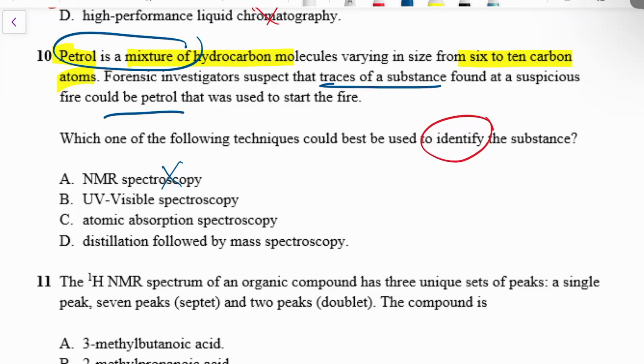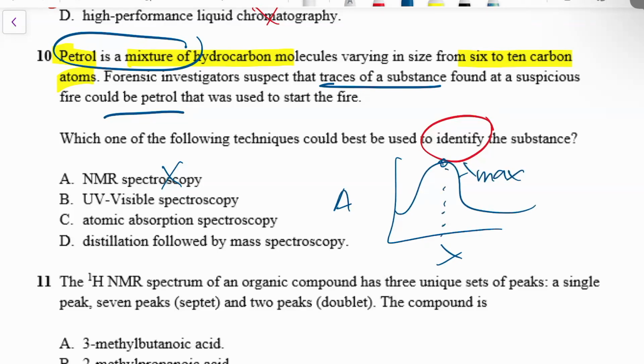The UV-vis spectrum is wavelength on the x-axis and absorbance on the y-axis. So if you get the graph, you'll know what the lambda max is, the wavelength at maximum absorbance, and then you can go to the data sheet to figure out what has that maximum wavelength. And it's not functional groups like normal, you call them chromophores.